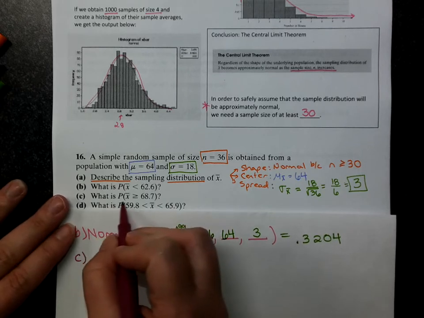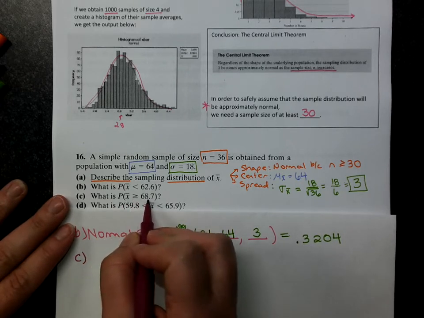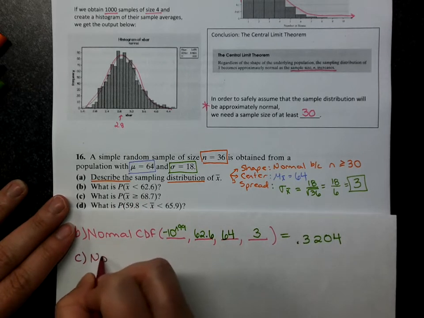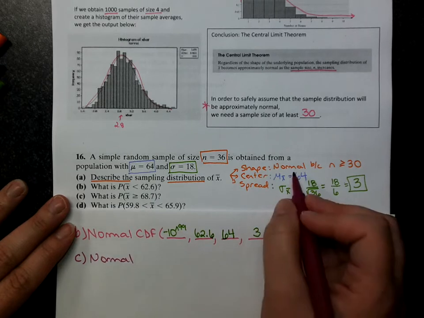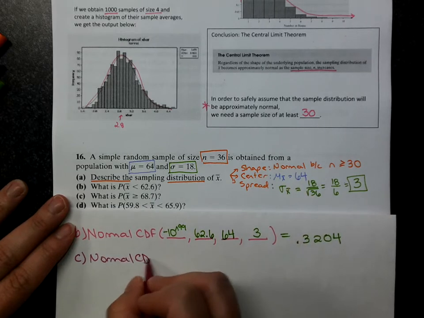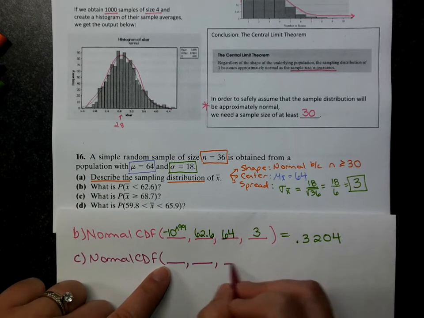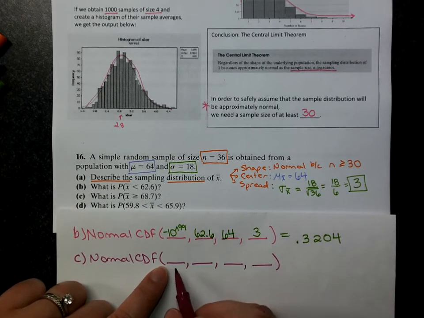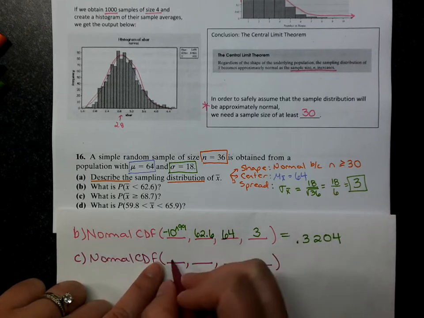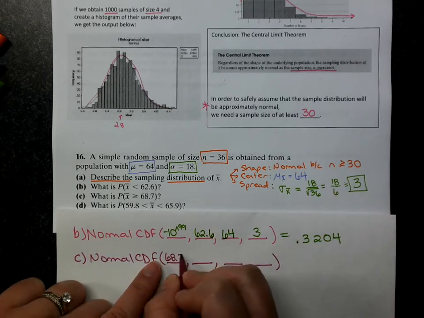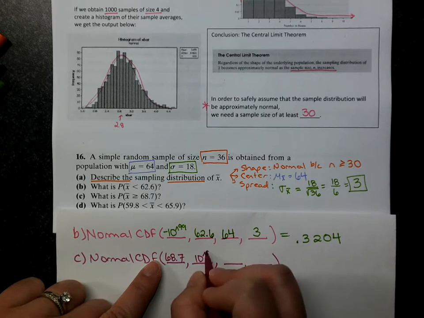What is the probability that X bar will be greater than or equal to 68.7? Again, because the shape is normally distributed, I can use normal CDF. Lower bound, upper bound, mean, and standard deviation. Because it's greater than 68.7, we're going to go 68.7 to infinity.